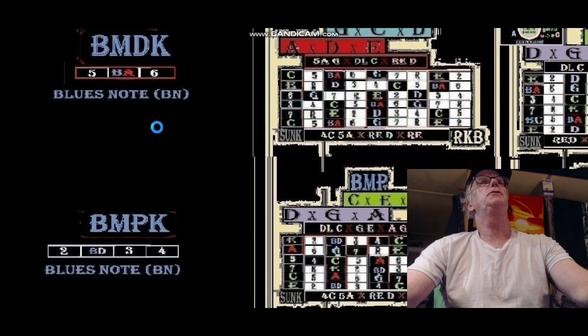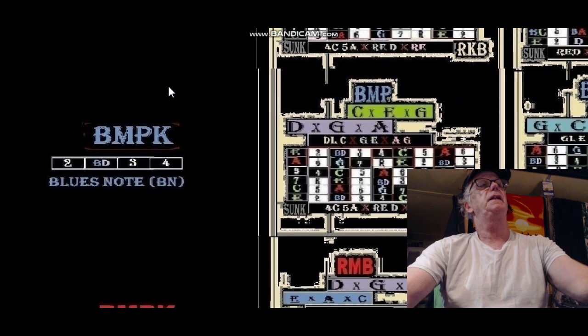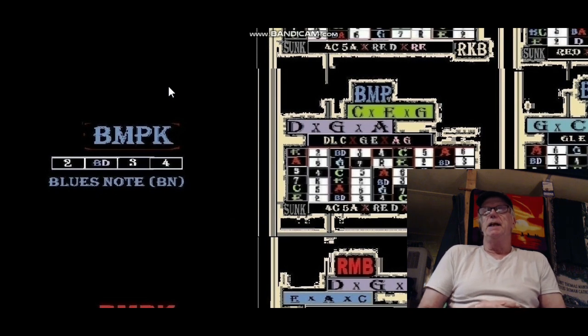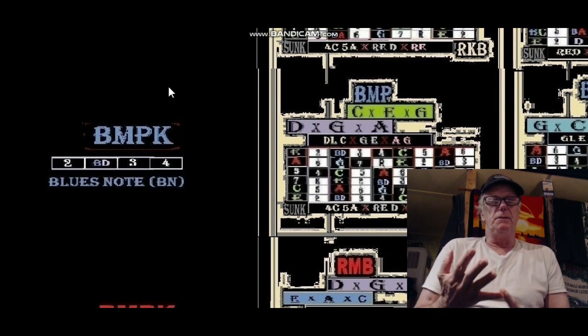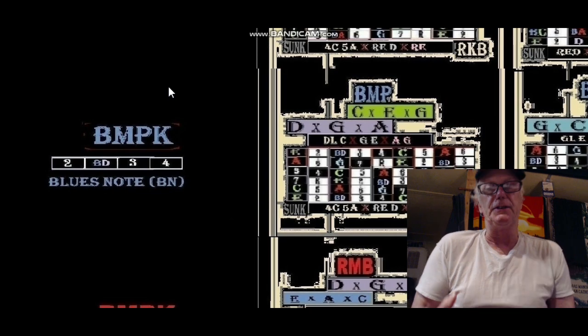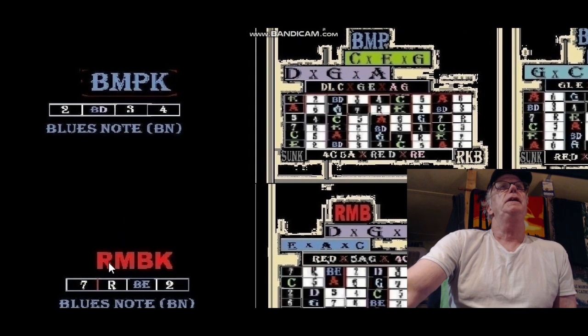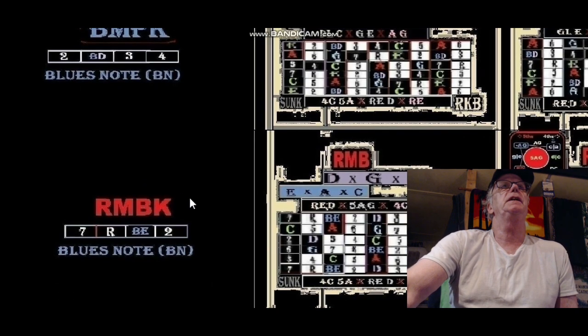Okay, now the Blues Pent key is the fourth of that, starts on E flat, but we play it only pentatonically. The Blues Magic diatonic key is played diatonically, and of course the Root Mixolydian Blues key is played diatonically, and that is actually, its blues note is between root and 2.